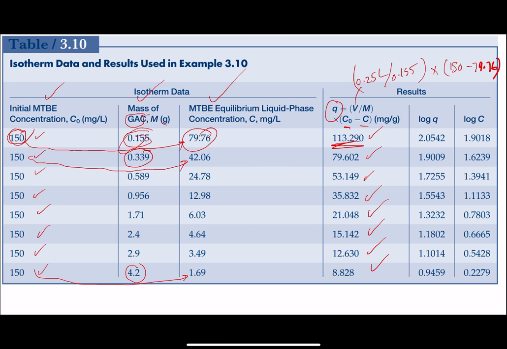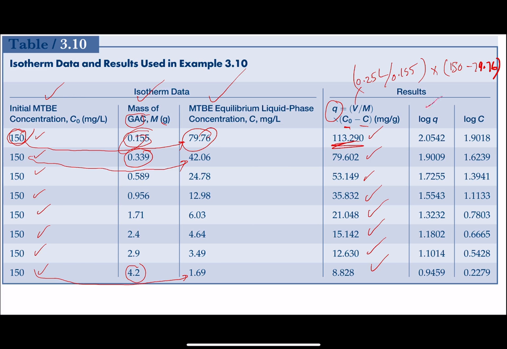And then we'll do log of that q, because it will not give you a straight line. Of course, you could just plot it and see if it's concave up or concave down to see 1 over n, and you could characterize and classify it. But let's find out 1 over n, and let's find out k, the constant k.